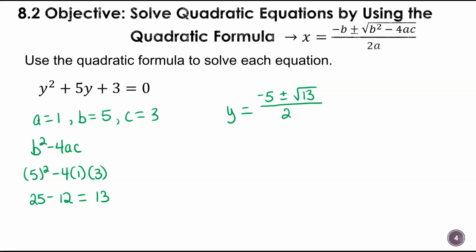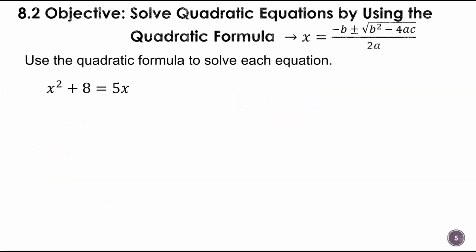I'm just going to go ahead and write it that way because we don't have any other simplifying to do, so that's it. That's our two solutions, right? Negative 5 minus the square root of 13 over 2, or negative 5 plus the square root of 13 over 2.